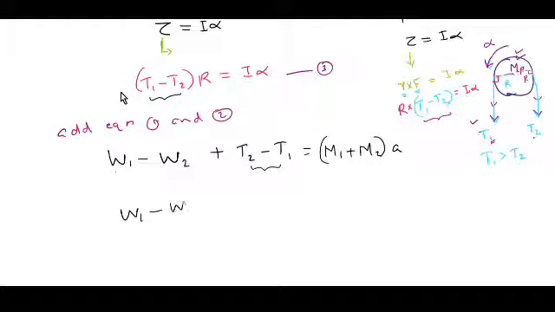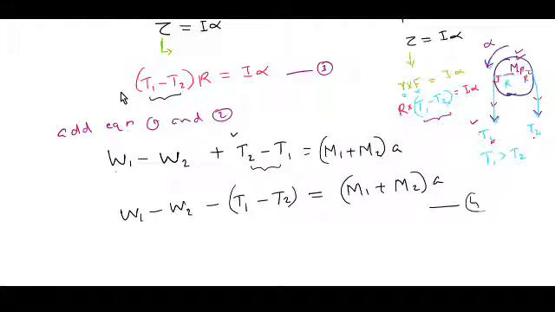That is W1 minus W2 minus T1, put a bracket, minus T2. Therefore, minus into minus, you will get plus T2. Then no issue writing the above equation in this fashion. That is equal to M1 plus M2 into A. Let me put this as equation number 4.